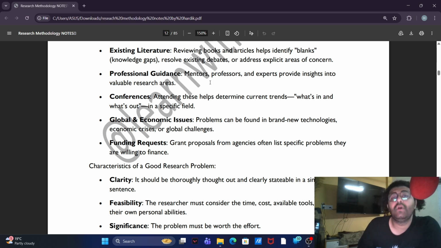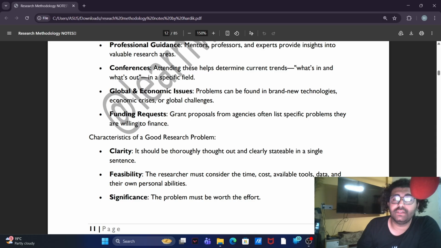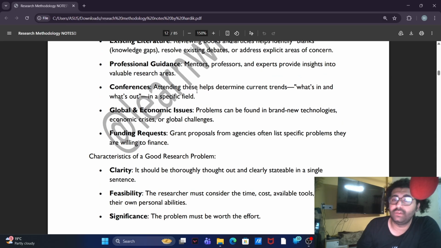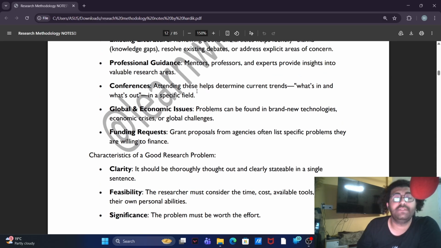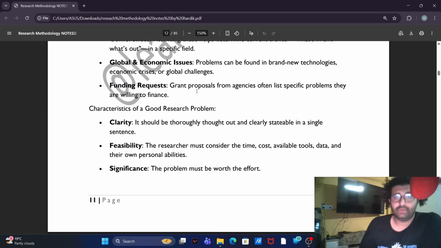Third, professional guidance. Mentors, professors, and experts provide insights into valuable research areas. Number 4, conferences. Attending these helps determine current trends, what's in and what's out in a specific field. Global and economic issues: problems can be found in brand new technologies, economic crises, or global challenges.